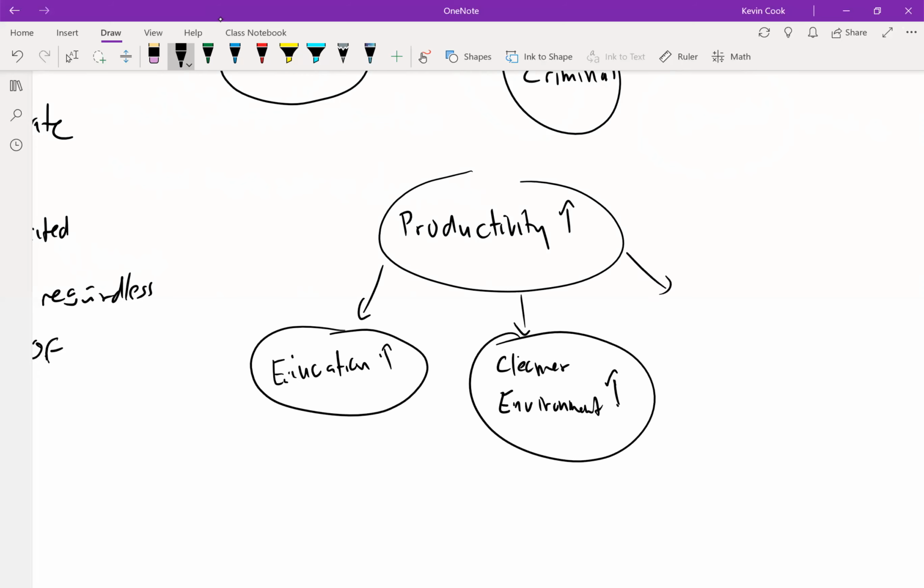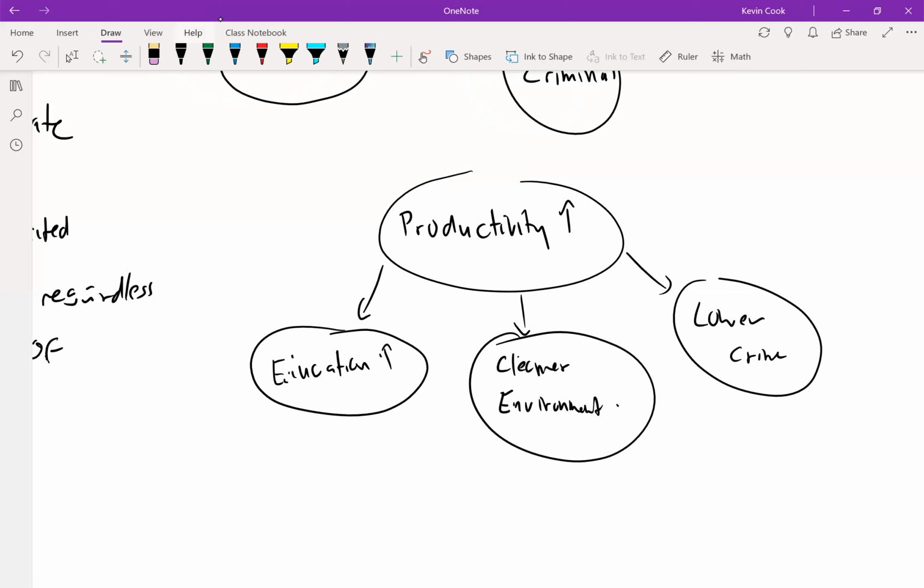And maybe we also tend to see lower crime, etc. I should just leave the arrow out here. So as we have a more productive society, we tend to see all these things.